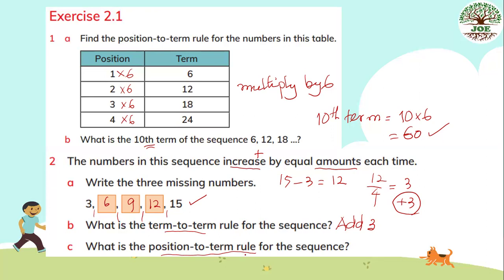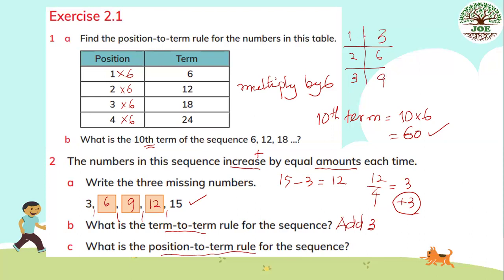Okay, for the position-to-term rule, we have to draw a table for 1, 2, 3 terms. So let's write them here. Position 1 is 3. Position 2 is 6. And position 3 is 9.